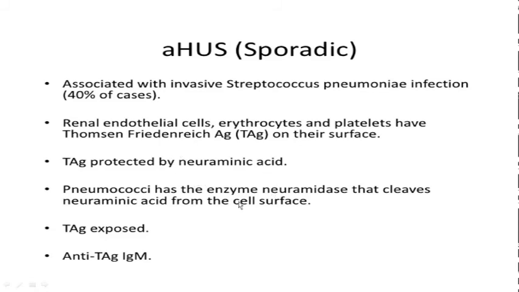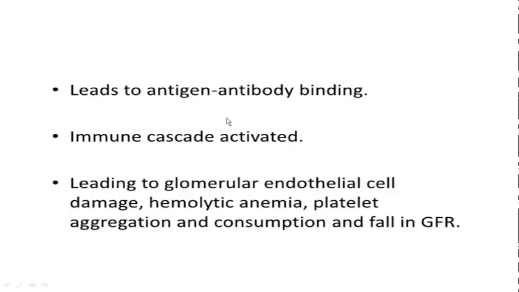The pneumococci produce the enzyme neuraminidase, which cleaves neuraminic acid from the cell surfaces, and the T antigen is exposed. There is an IgM-mediated anti-T antigen response, leading to antigen-antibody binding and a further immunological cascade, with glomerular endothelial dysfunction, hemolytic anemia, platelet consumption and aggregation, and a fall in GFR.